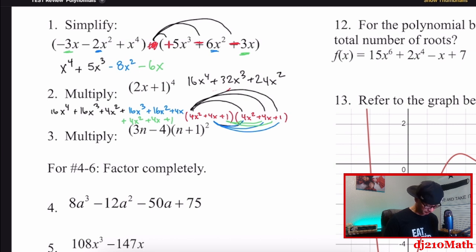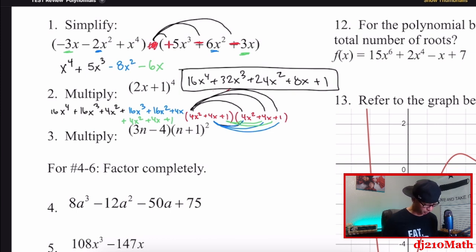X to the first power is 8x. And then the constant plus 1. So here we go.